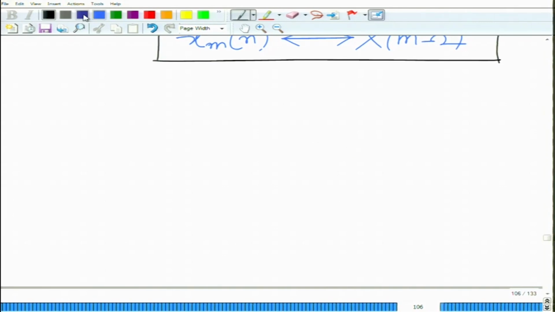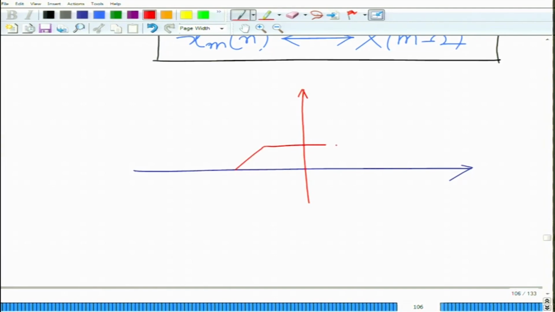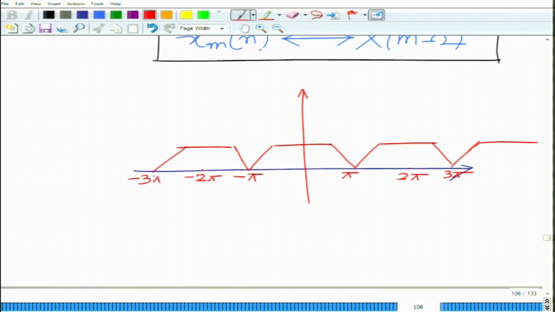Let us plot a periodic DTFT first. So, this is minus pi to pi, this is 2 pi, 3 pi, minus 2 pi, minus 3 pi.